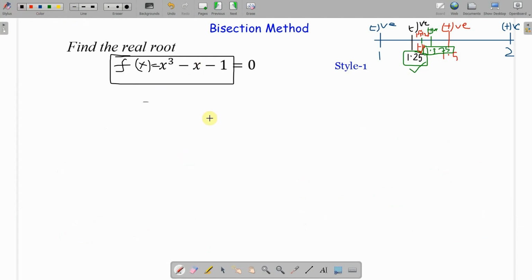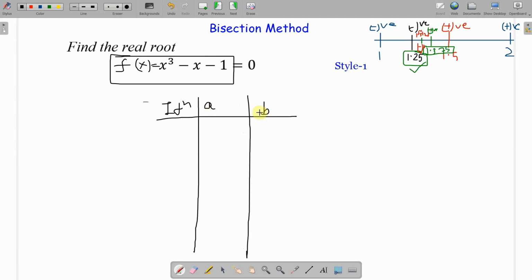Okay. So style 2 में हम लोग क्या करेंगे, हम लोग यहाँ पे will put the iteration, then I'll be putting the value, let's say the lower value a, upper value b. मीन्स शुरू में हम लोगों को क्या मिला था इनिशियल केस में? नेगेटिव किस में आ रहा है?